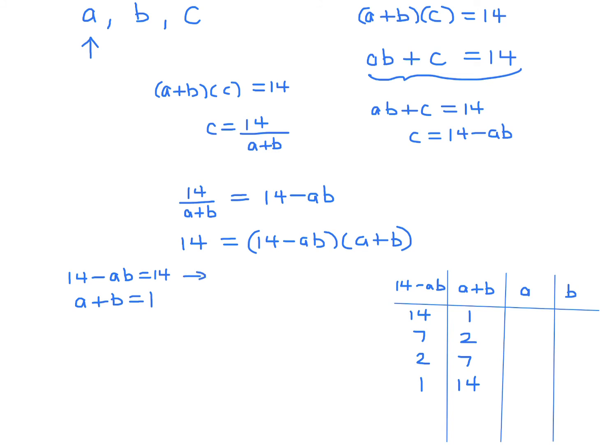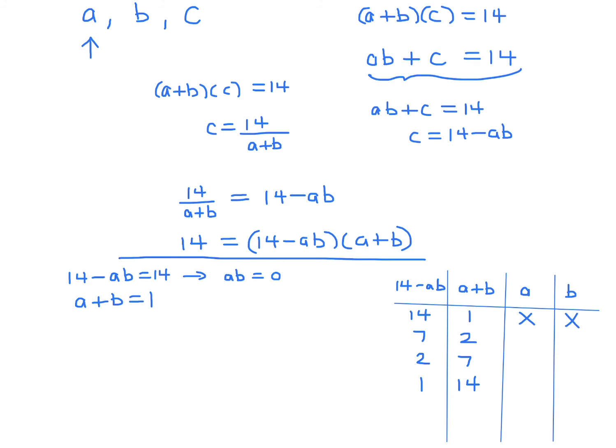Well, from the first one, I can notice that would mean ab would have to be equal to 0. And that obviously doesn't work, right? Because a and b are both positive integers, so neither one can be 0. So this is a dud. I'll just put an X there. That doesn't work. No problem.